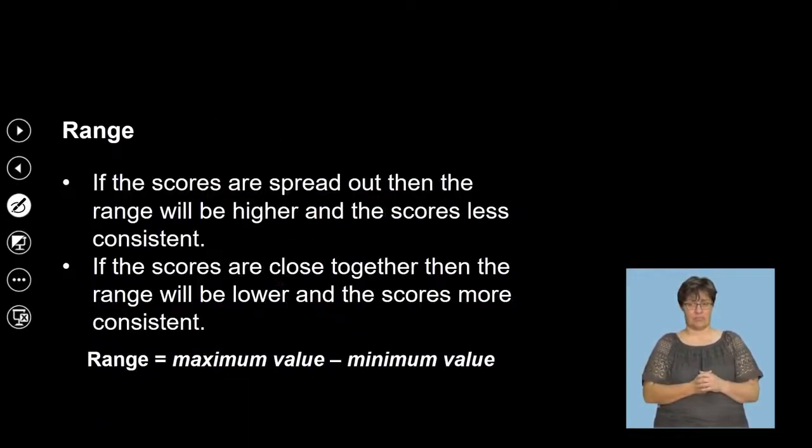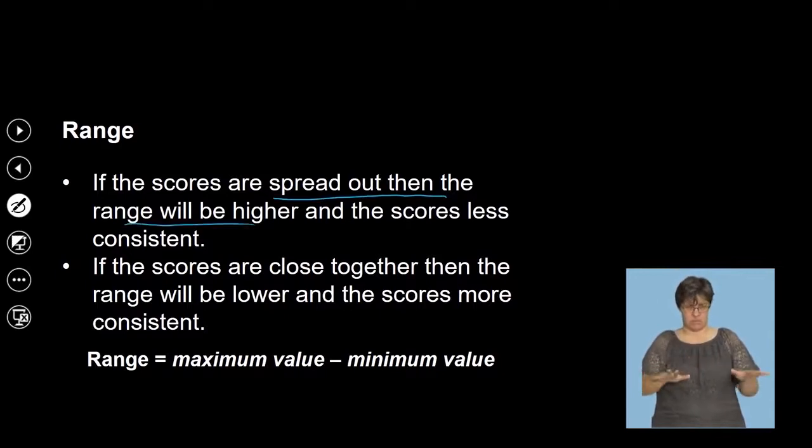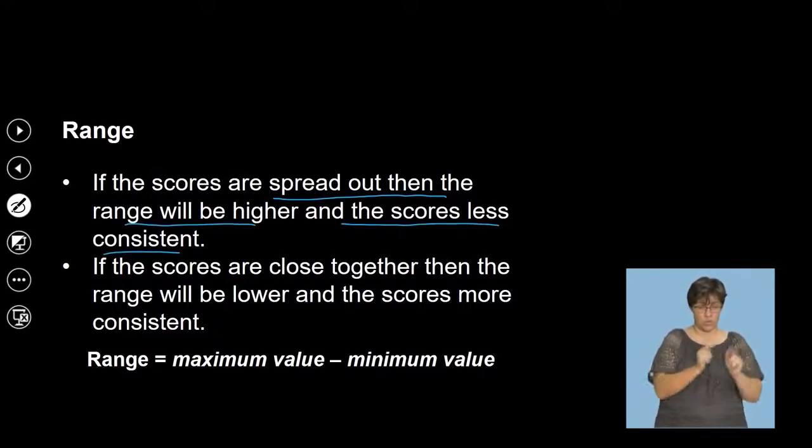So now let's talk about that. If the scores are spread out, then the range will be higher and the scores less consistent. If the scores are close together, then the range will be lower and the scores will be more consistent.